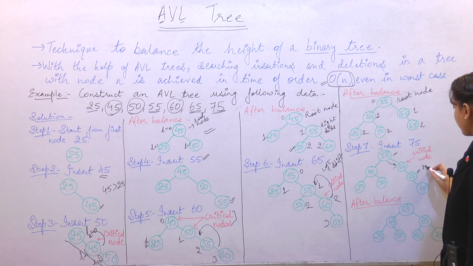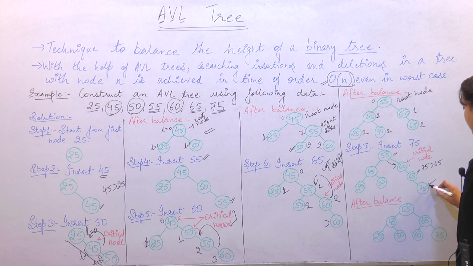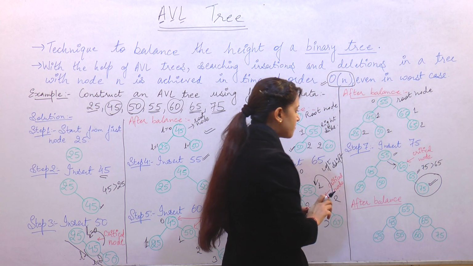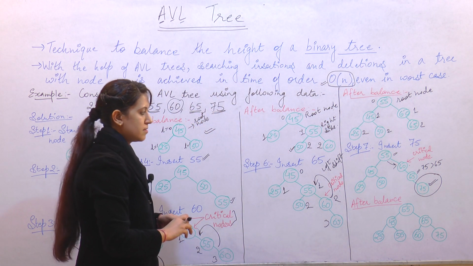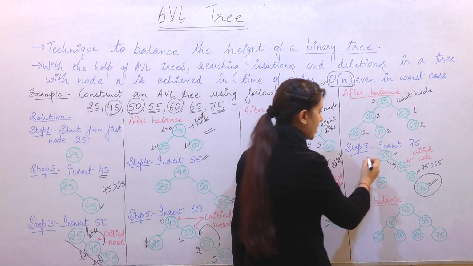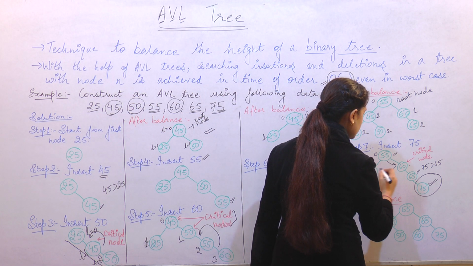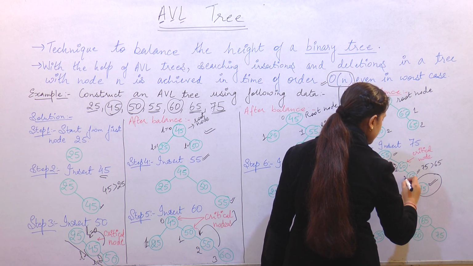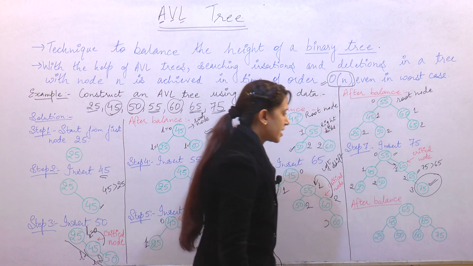Since 75 is greater than 65, we will insert 75 on the right side of node 65.